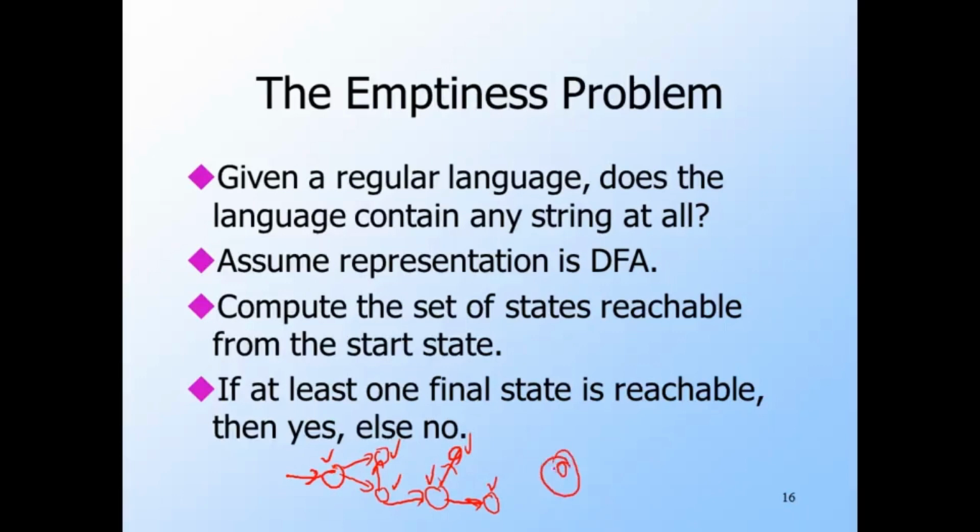But if all your final states are out here and never get marked, then obviously, no matter how complex this automaton is, you can't reach a final state and you can't accept anything. Now, if you have an automaton with 3 states, it's pretty easy to tell what's reachable and what isn't. But if you have 1,000,000 states represented by some table, then it is hardly easy to tell. But fortunately, we have a straightforward search algorithm regardless of how large the automaton or graph is.